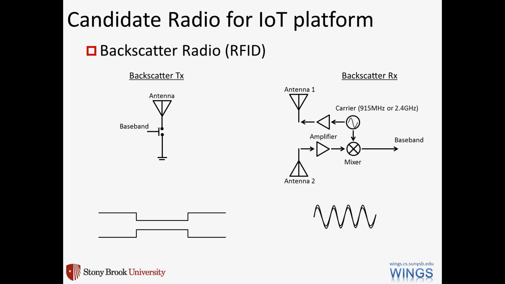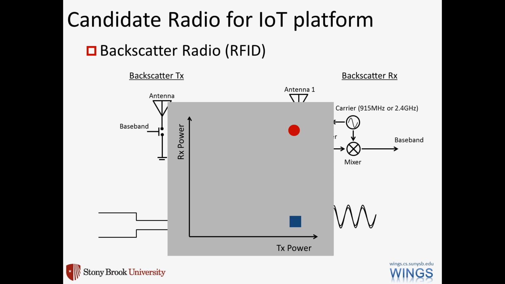Then the receiver is able to decode this transmitted signal. In terms of power, it consumes very small power in the transmitter since it is reflection and switching back, but it consumes heavy power in the receiver.